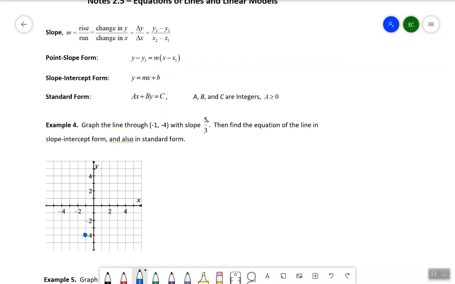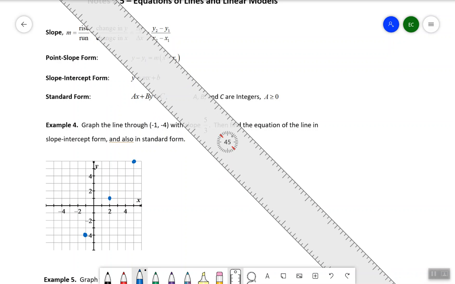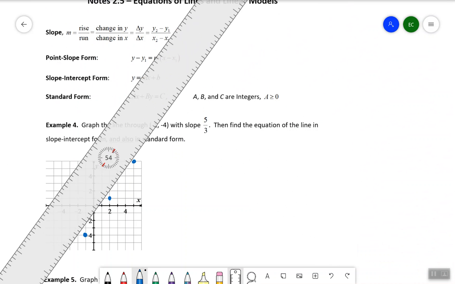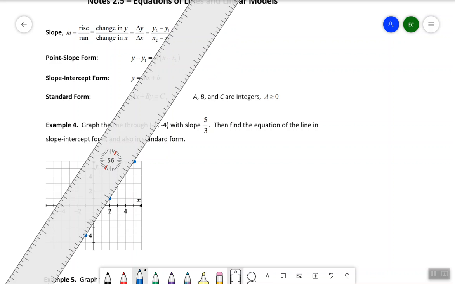Go up 5 and then right 3. 1, 2, 3, 4, 5. 1, 2, 3. There might be room to plot one more point here. 1, 2, 3, 4, 5. 1, 2, 3. And so then we can draw a line through those points.